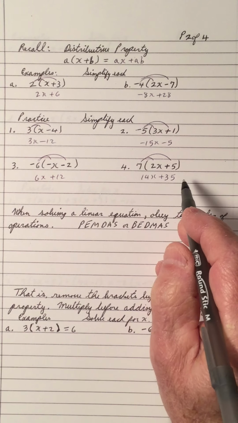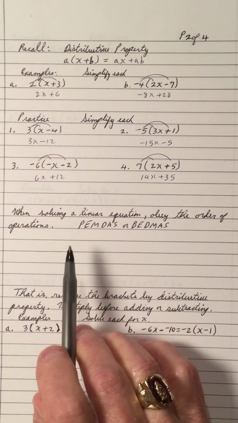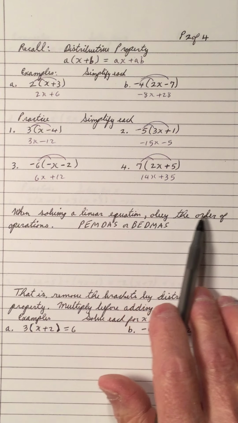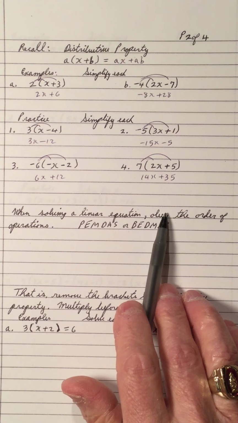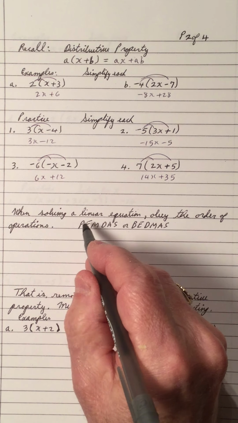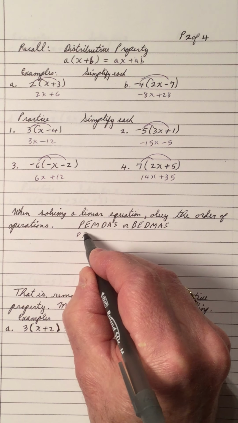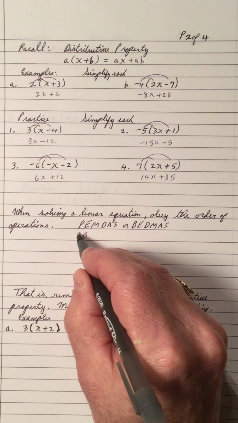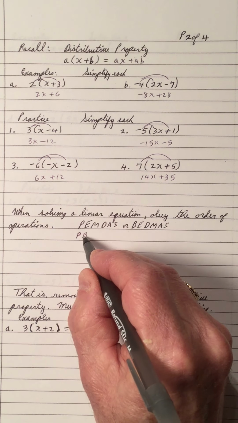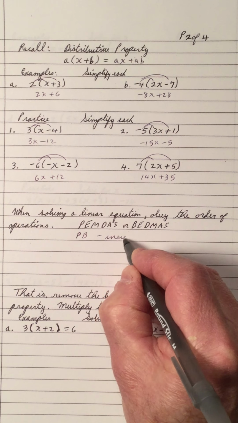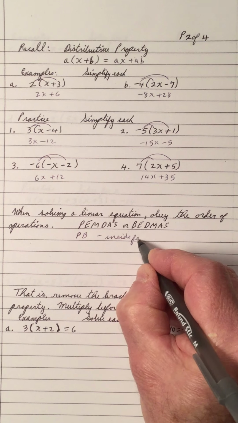So, note the distributive property. When solving a linear equation in one variable, obey the order of operations. That means PEMDAS, BEDMAS. P and B stand for parentheses or brackets, and we always do the inside first.